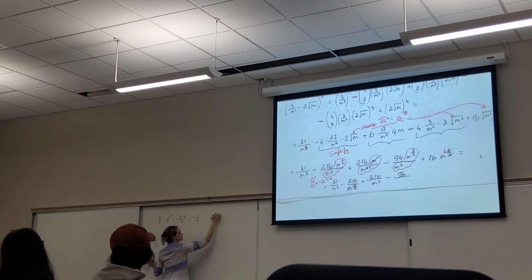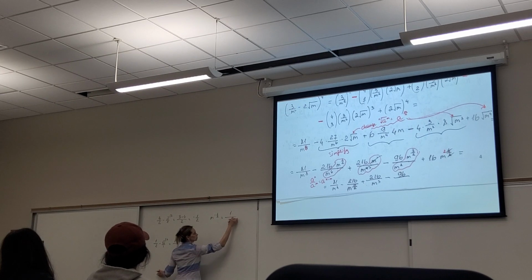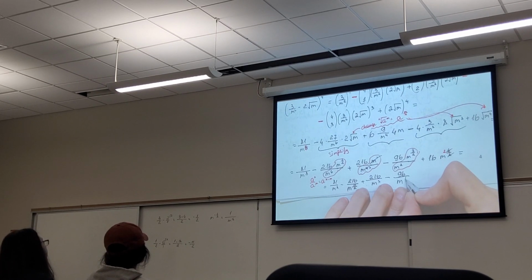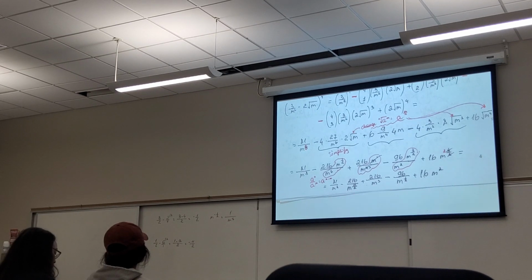So m to the power negative 1/2, now we'll go to the bottom of the fraction with the positive, correct? Yes? So it would be negative 96 over m to the power 1/2 plus 16 m squared. And this is my final answer.